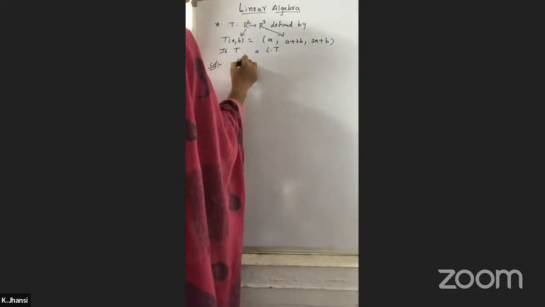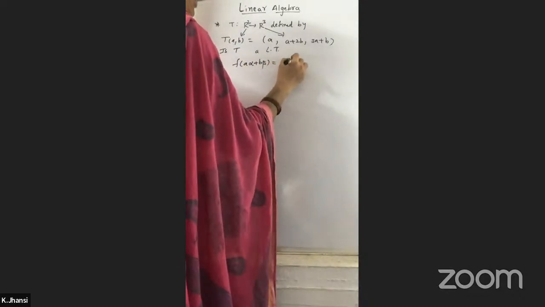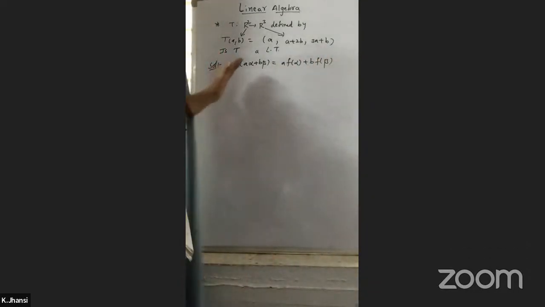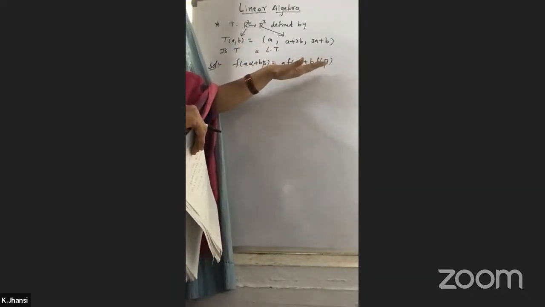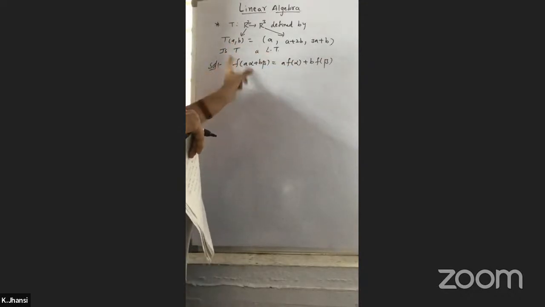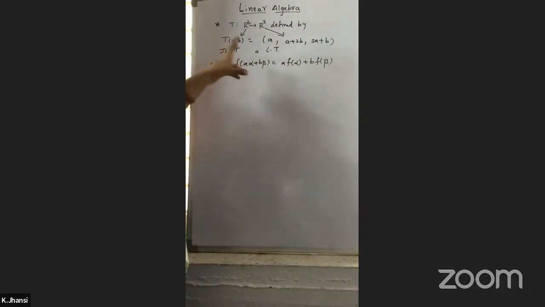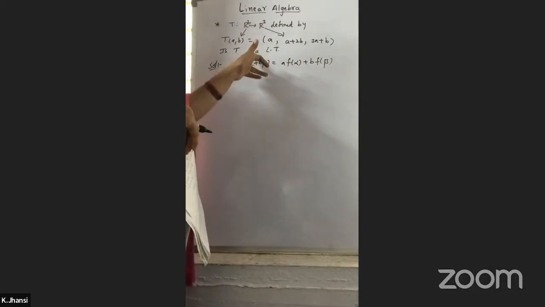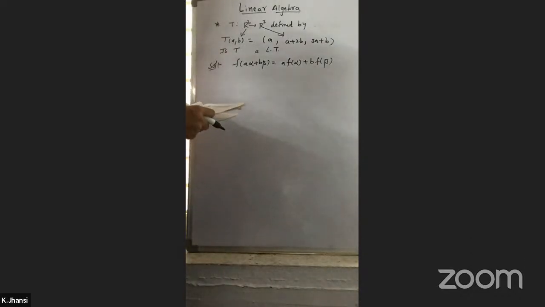Our formula is f of a alpha plus b beta equals a f of alpha plus b f of beta. This we have to show. First take the left hand side, and if it equals the right hand side, then the given transformation is a linear transformation. If you are unable to equate these two, then it is not a linear transformation.